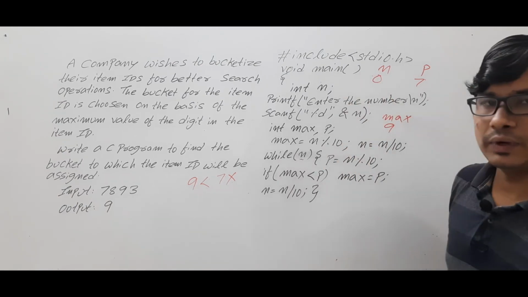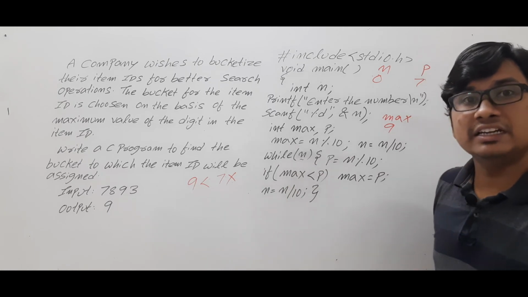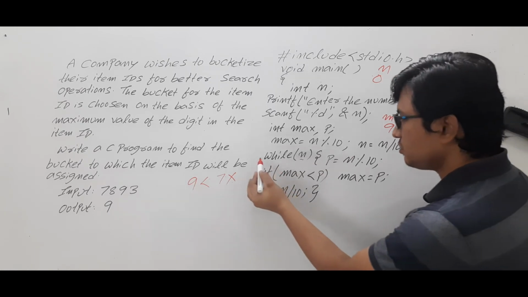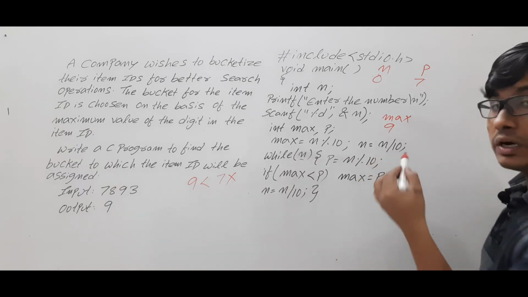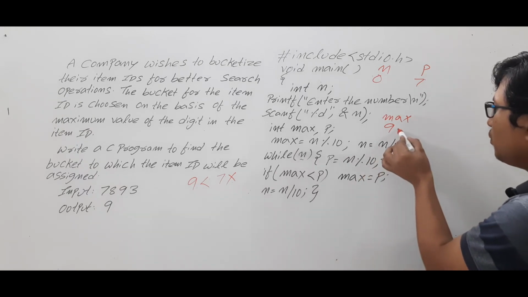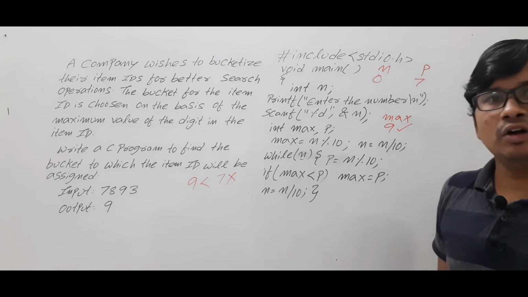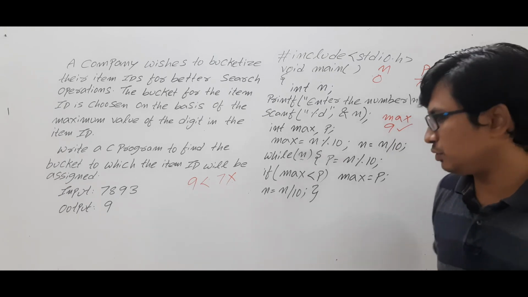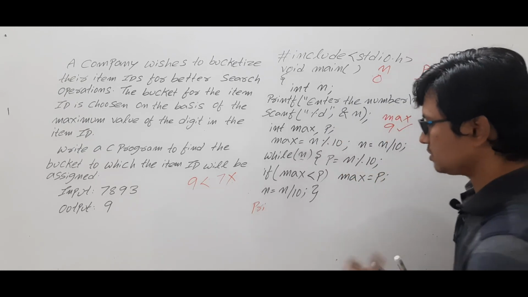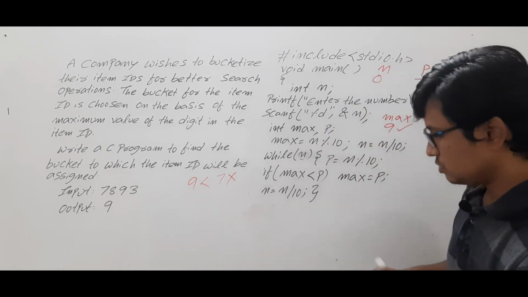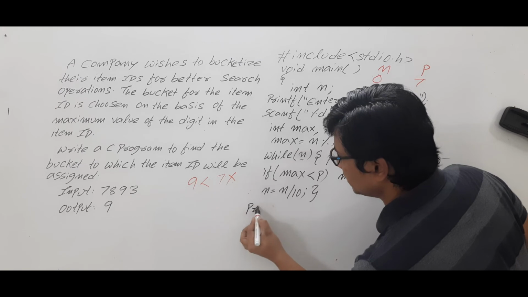Okay, are you able to understand? While 0, the condition is false. If this condition is false, it will come out of the while loop. Now what do you have to display? The value which is there in the variable called max, that value you have to display. So printf, let me use the black marker so that it will be visible for you properly.